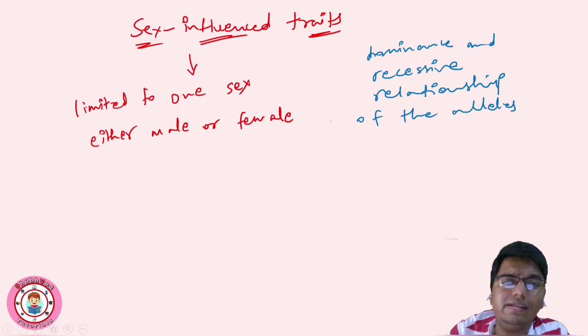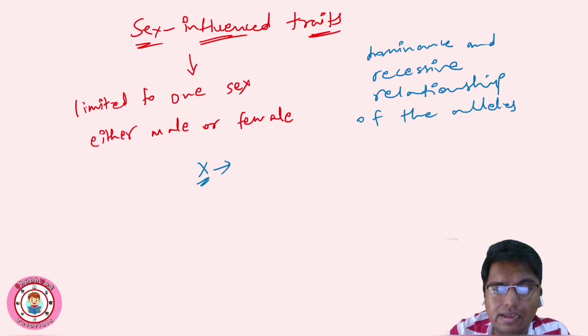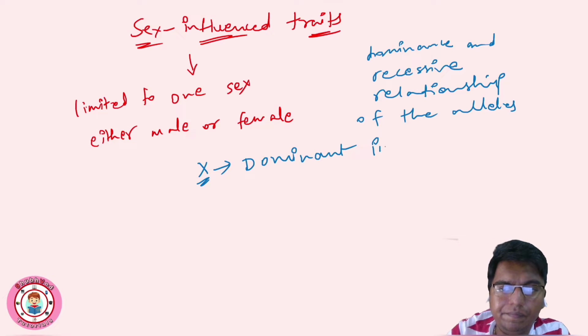So the dominance and recessive relationship of the allele is considered in this sex-influenced trait. It means what? Suppose this is allele X, it is dominant in one sex and recessive in another. Suppose this is dominant in males but recessive in females. This is just an explanation.